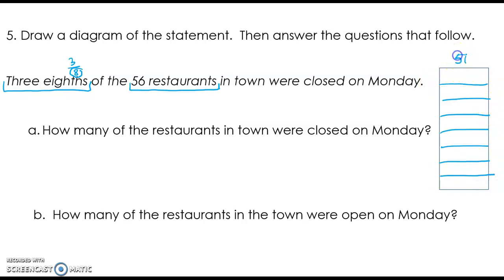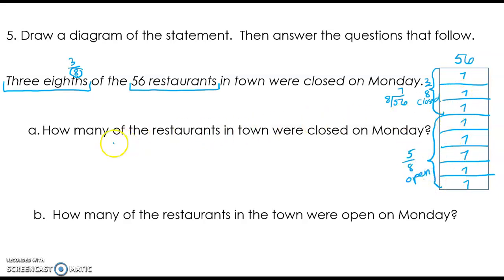I have a total of 56, and I'm going to divide that by 8 to see what goes in each one of these, and that's 7. So 7 goes in each one of these. It says 3/8 were closed on Monday. So 1, 2, 3. 3/8 closed, which means this much. So 1, 2, 3, 4, 5. 5/8 were open on Monday.